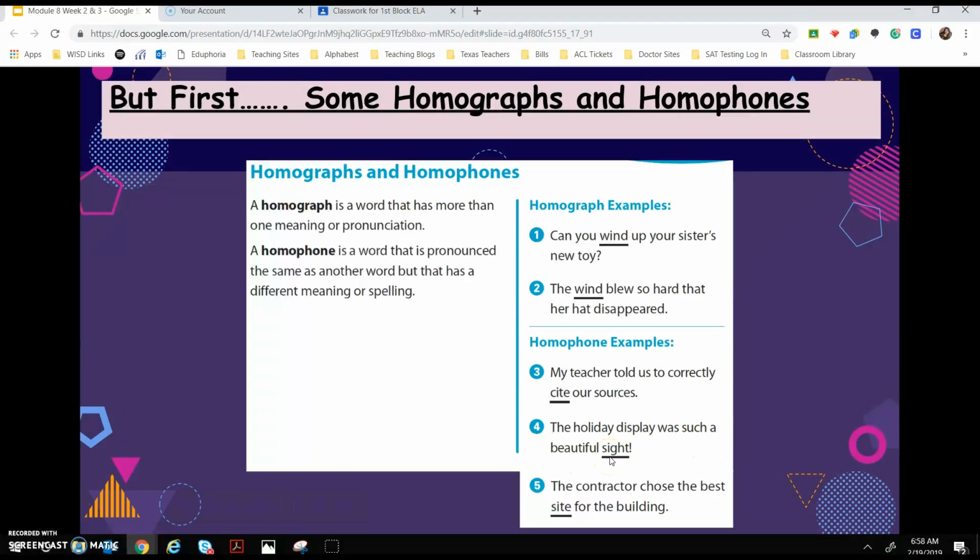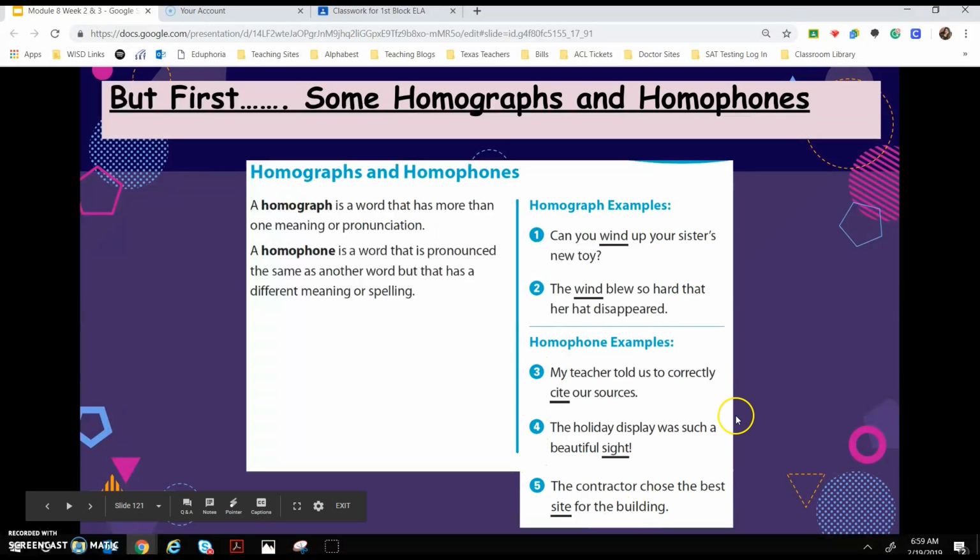Well, the sight here is like the sight that you see. And then here, the contractor chose the best site for the building. So this is the best location. So this word here, homophone, is a word that is pronounced the same as another word, but has a different meaning or spelling. So you see this here.